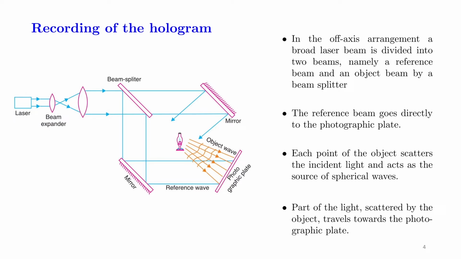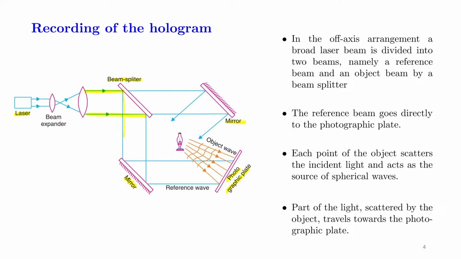This figure shows the setup of an off-axis arrangement of a hologram. In this arrangement, we have a laser source, a beam splitter, two mirrors, and a photographic plate. The beam splitter divides the laser beam into two.